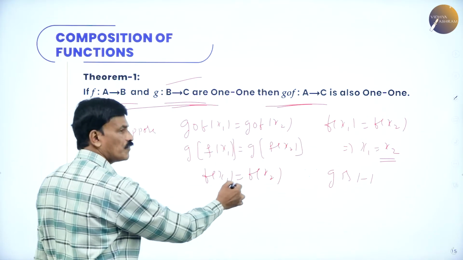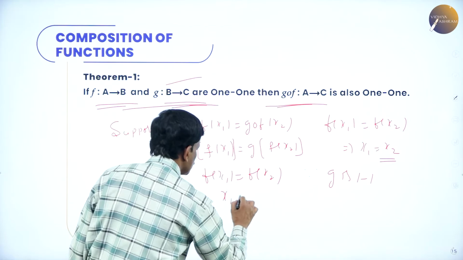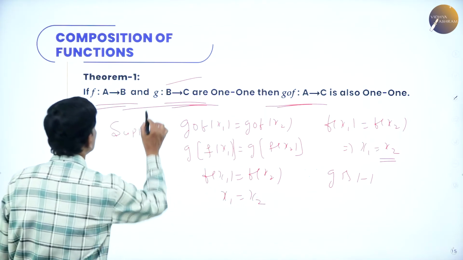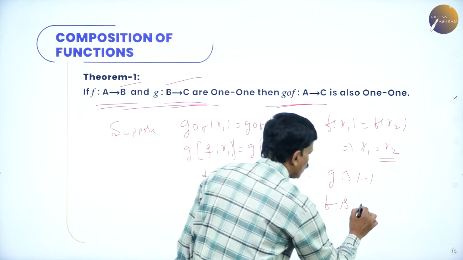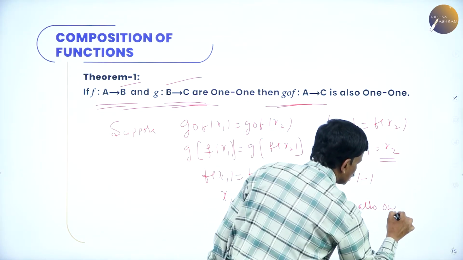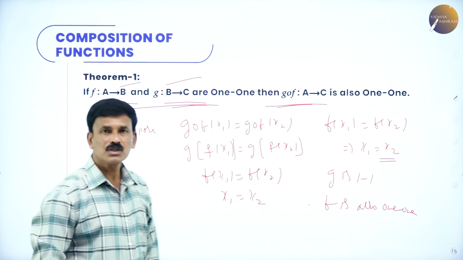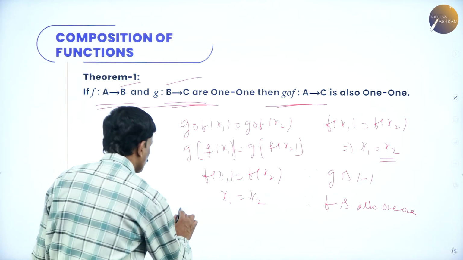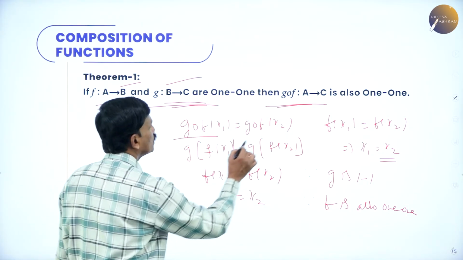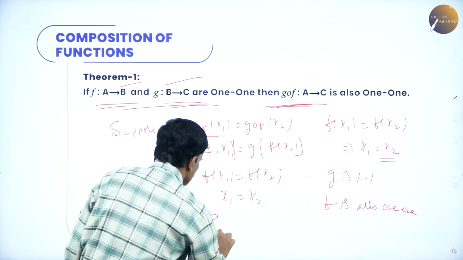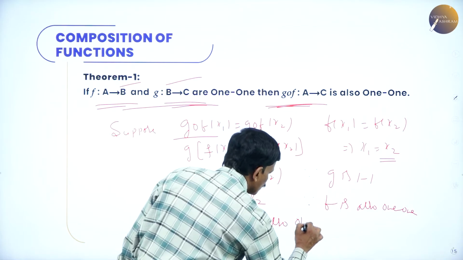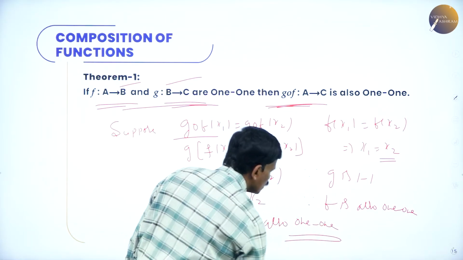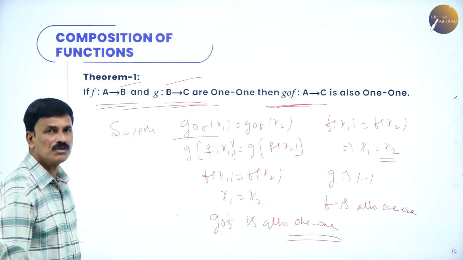Again, this implies f of x1 is equal to f of x2 implies x1 is equal to x2, because f is also a 1-1 function. Therefore you can say g o f is also a 1-1 function. That's it.